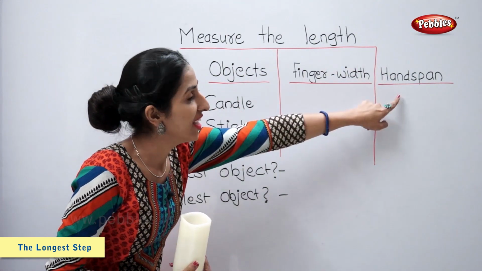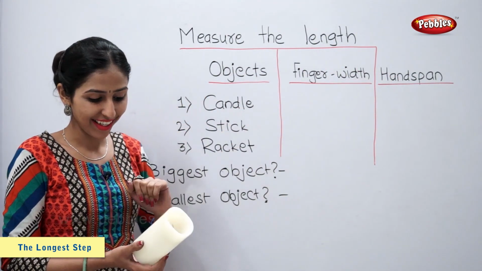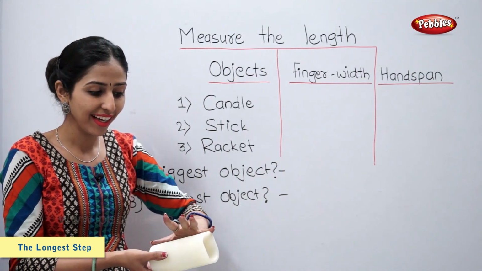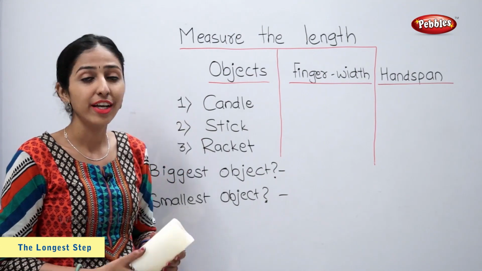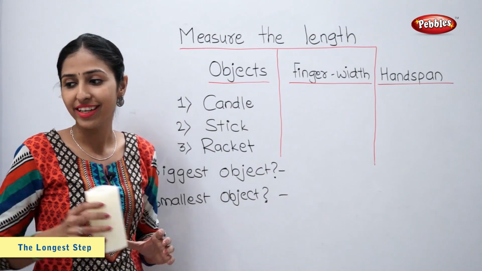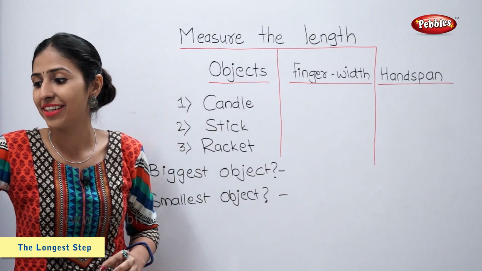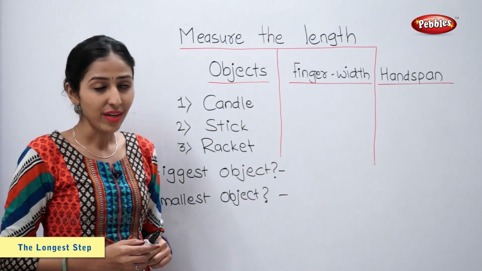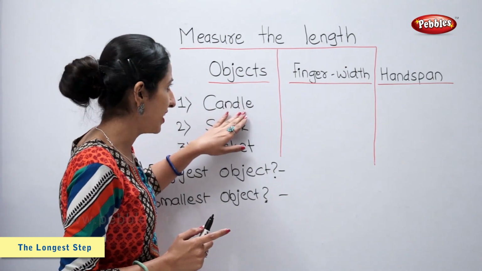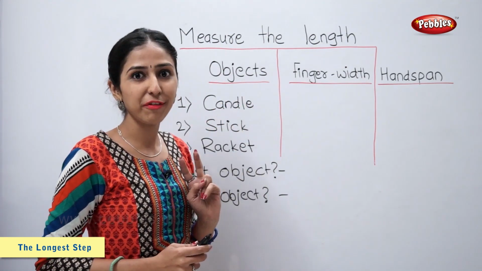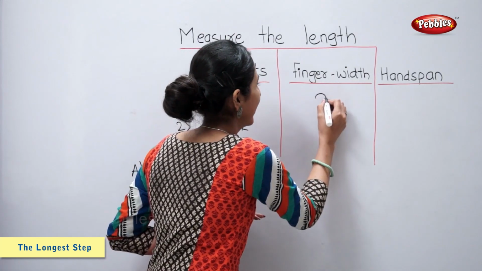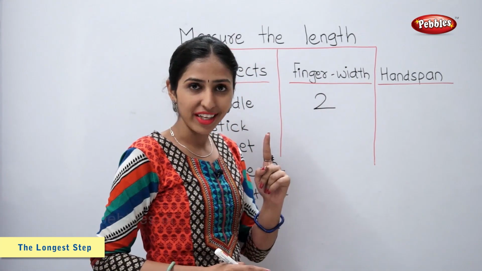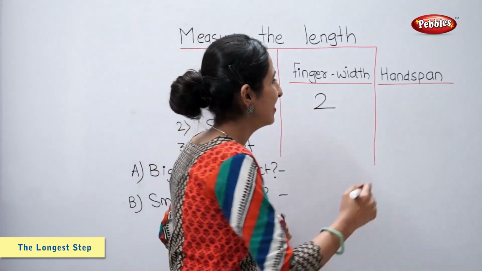Now, handspan. 1 handspan. So, the length of this candle is 2 finger width, 1 handspan.